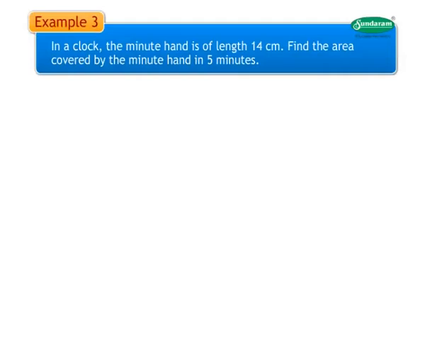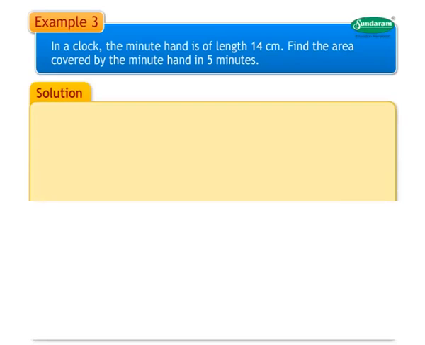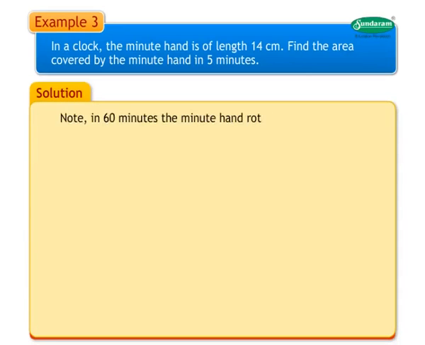Example 3. In a clock, the minute hand is of length 14 centimeters. Find the area covered by the minute hand in 5 minutes. Solution. Note that in 60 minutes the minute hand rotates through 360 degrees.